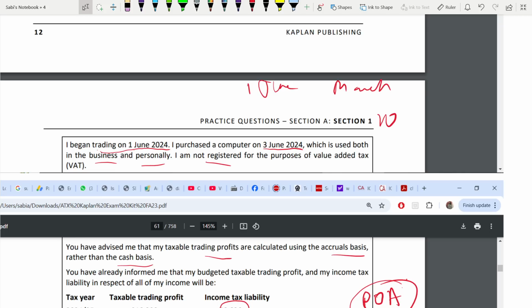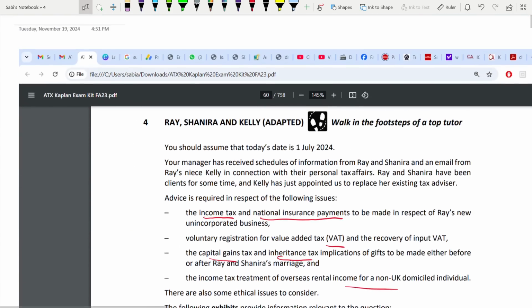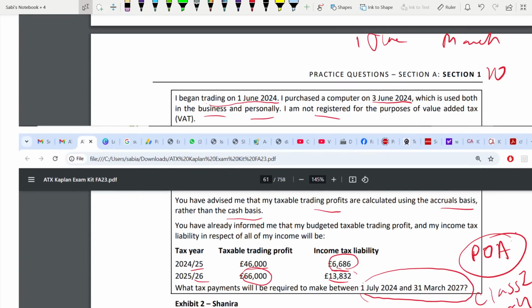So if you see part A, most students, what did they do? They started calculating income tax, whereas you have been given the income tax here. They start calculating income tax on the profit.